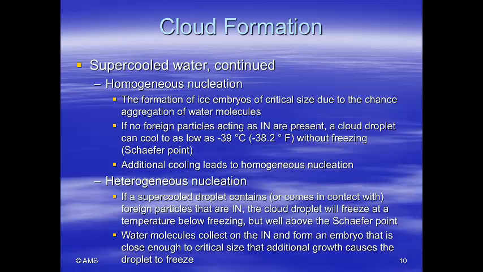The cloud droplets will freeze at the temperature below freezing, but well above the Schaefer point. We can also see water molecules collect on the ice-forming nuclei and form an embryo that is close enough to critical size that additional growth causes the droplet to freeze.